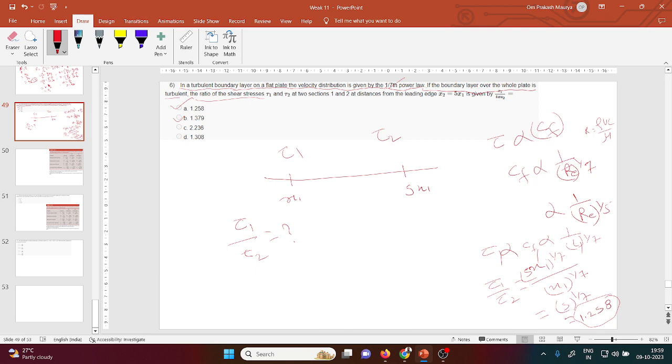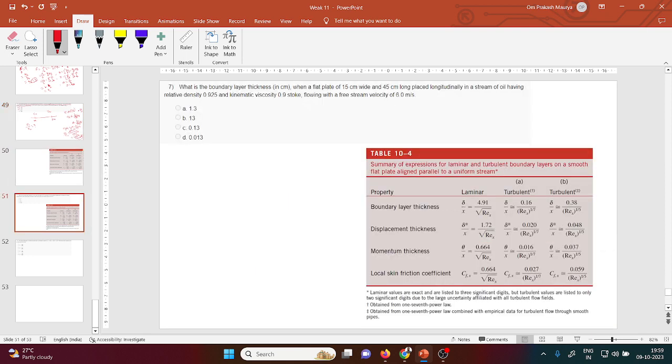And question 7 is very simple. It asks for the boundary layer thickness, that is delta, when a flat plate 15 centimeter wide and 45 centimeter long is placed longitudinally, that is, the length of the plate is 45 centimeter and the width of the plate is like this, and water is flowing like that, right?